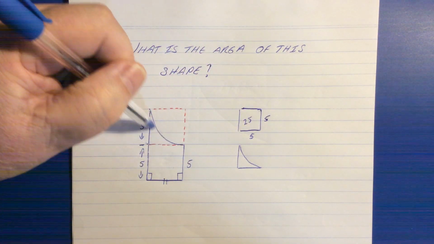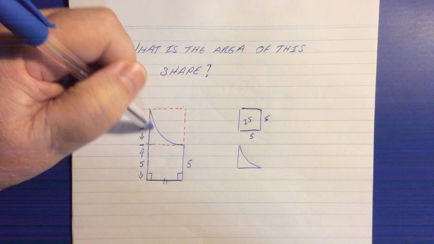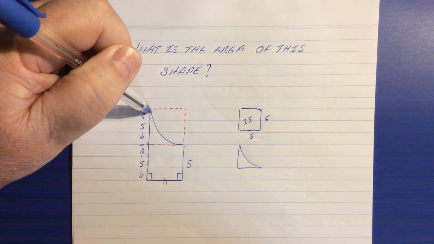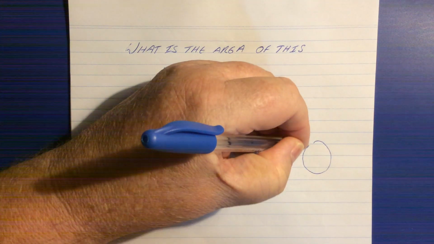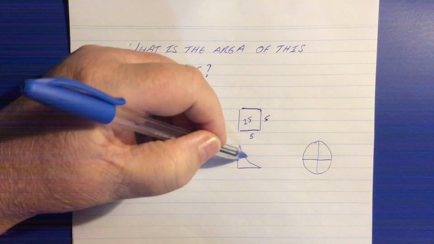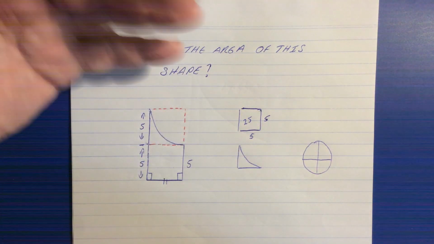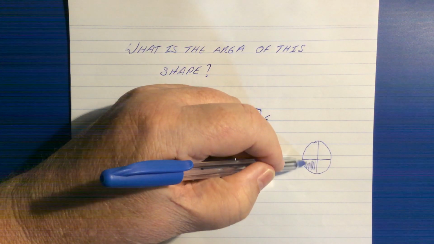Now, this is 1/4 of a circle. I'm going to draw that over here badly. But what has been bitten out of this, if I can use that term, is this part of the circle.